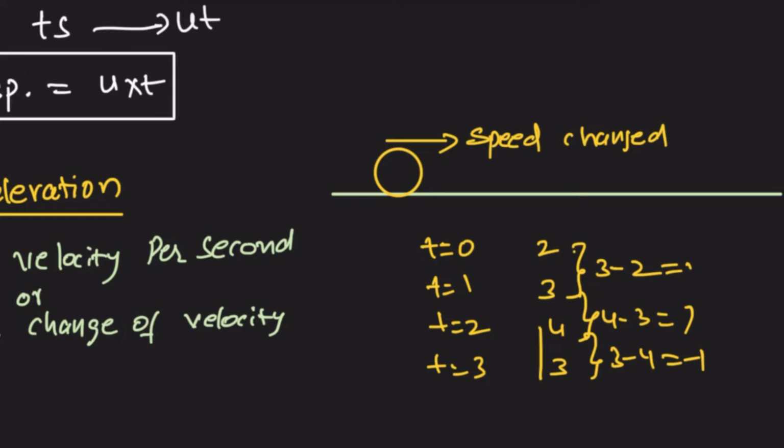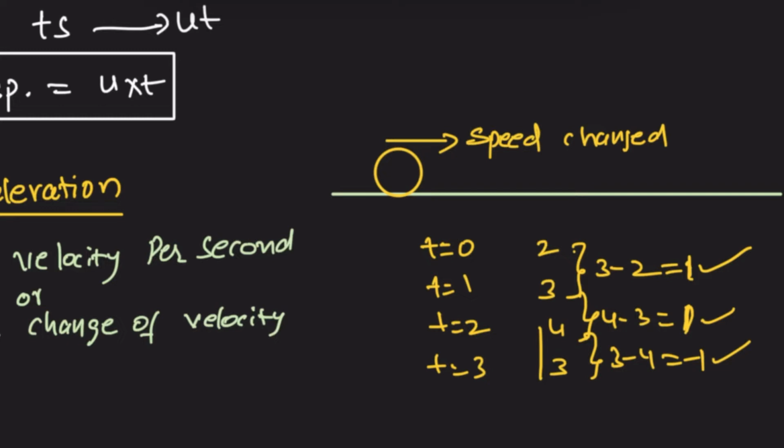Whether speed is increased or decreased, definitely there is a change in velocity because the magnitude is changed. In such a case, change in velocity per second is considered as acceleration. So for the first second, its acceleration is 1, the next one is 1, and the next one is minus 1.